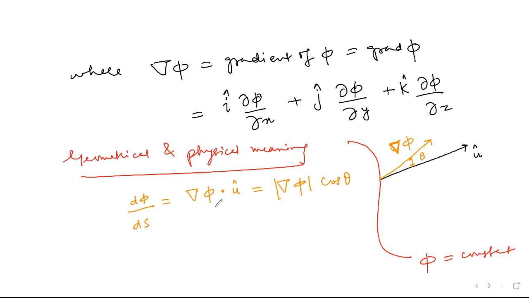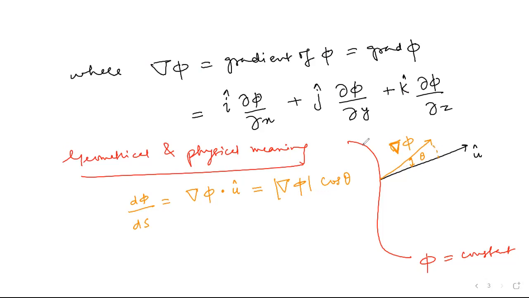Simple dot product: A dot B is magnitude of A, magnitude of B into cosine of the angle between the vectors. So similarly, dot product of del phi with unit vector is magnitude of del phi times magnitude of unit vector, which is 1, times the cosine of this angle theta. So what is del phi cos theta?